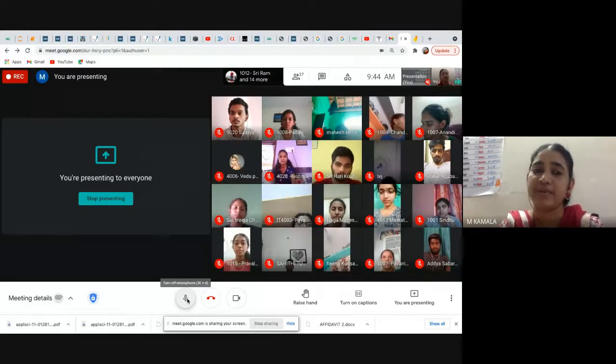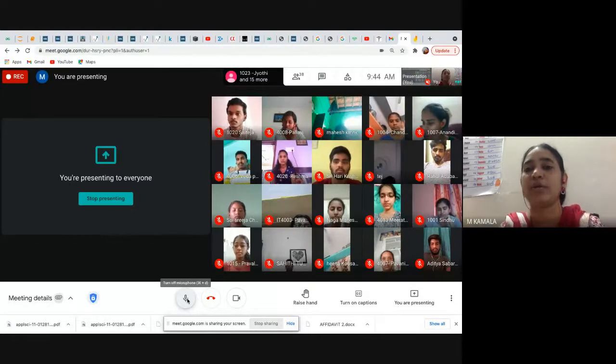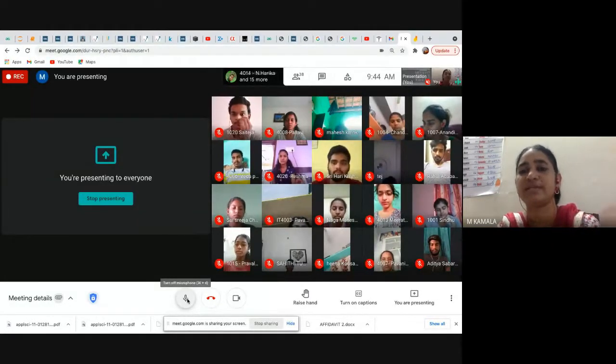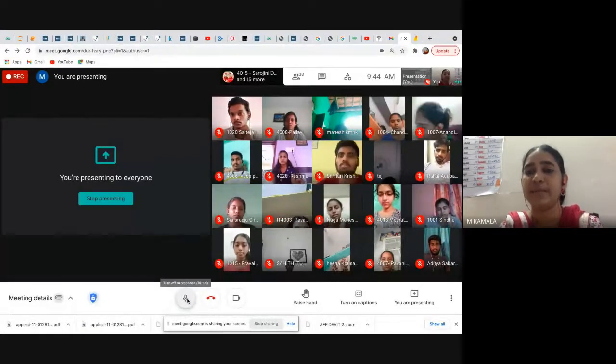Say for example, if I start by saying that the categorical attributes are independent, there is no dependency. Which means that if I take a sample, out of the 50 students, 10 people will say that we want to go to software, 10 people will say we'll go to banking, 10 people will say we'll go to research, 10 people will say something else. So I state my statement that this sample is independent.